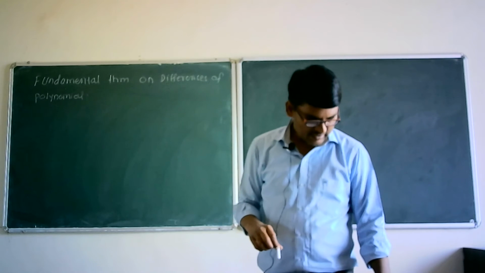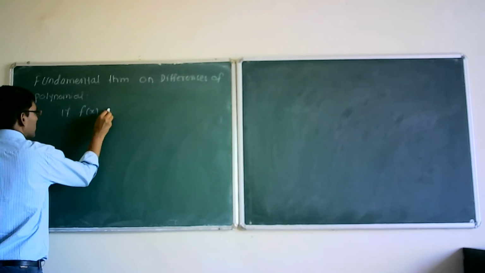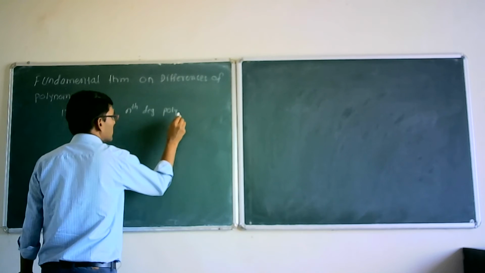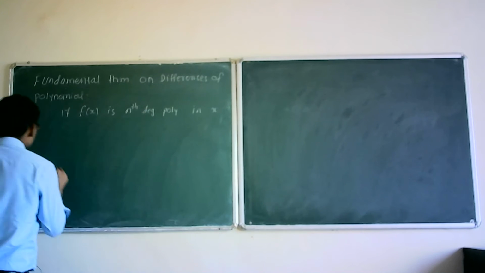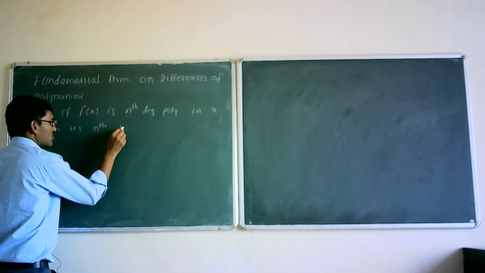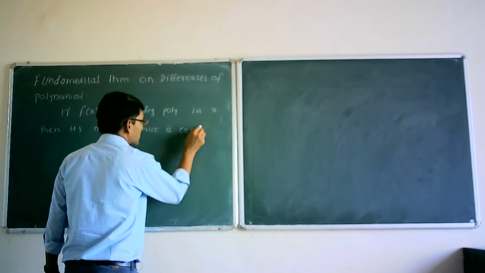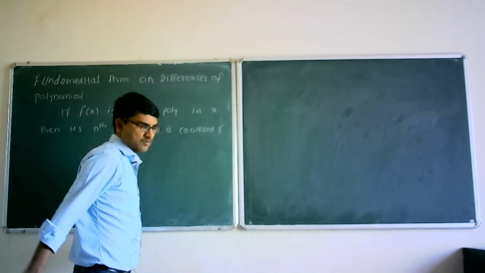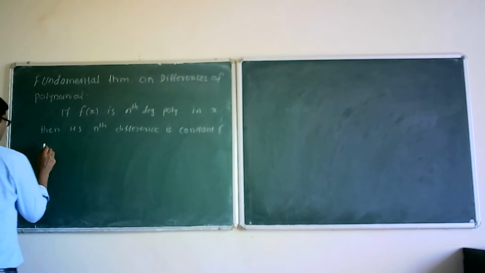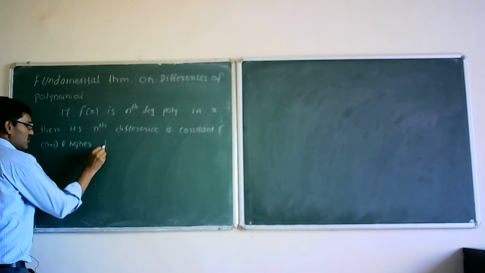If f of x is an nth degree polynomial in x, then its nth difference is constant and the n plus 1 and higher differences are 0.